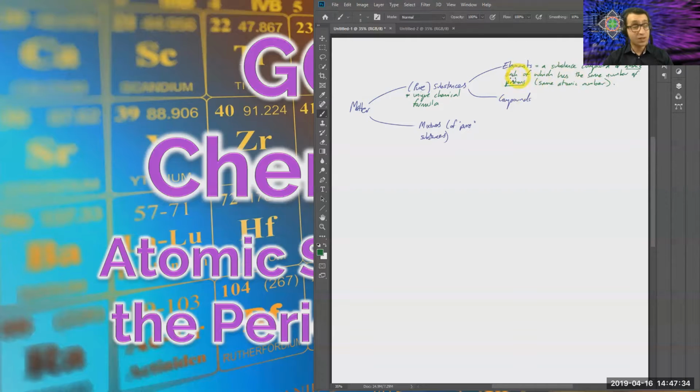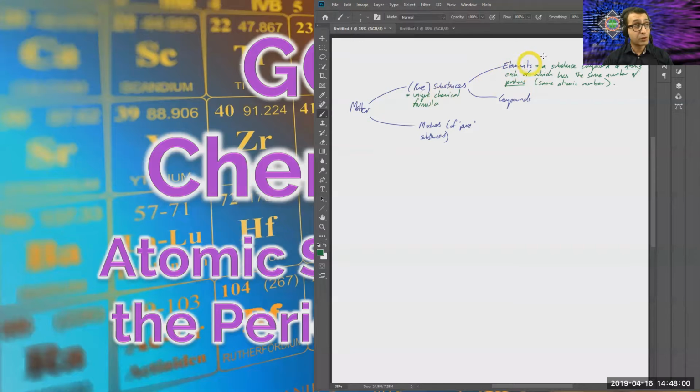Now, as we'll see, this idea of atoms and number of protons is not just fundamental to the word element, it's also fundamental to another term that we're going to be looking at, the term isotope. So this is what an element is. It's a pure substance composed of atoms, each of which has the same number of protons or the same atomic number. Now, elements don't necessarily have to be made of individual unbonded atoms.